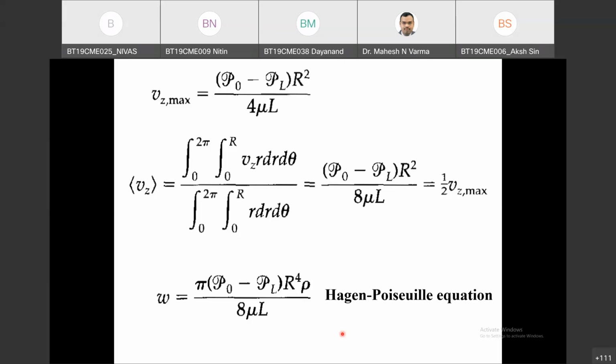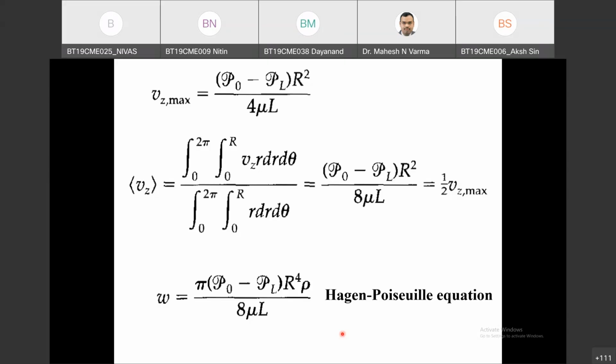You should know all the properties by heart. And then in momentum transfer, flow through pipe, you should learn this problem by heart. Everything should be learned in detail. There should not be any confusion in this flow through pipe, because this is also a very common case in chemical engineering.